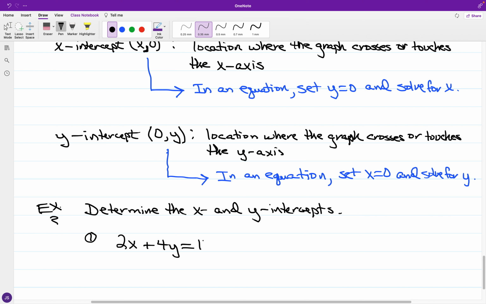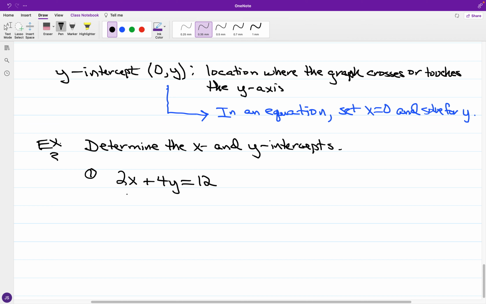So you have a linear equation, and I'm looking for the x and the y intercepts.